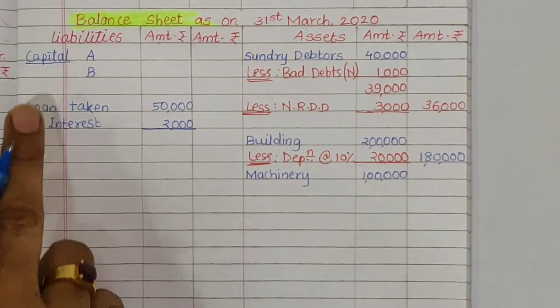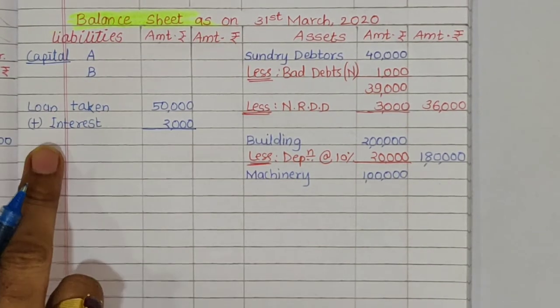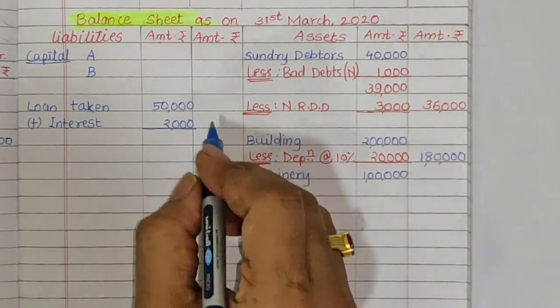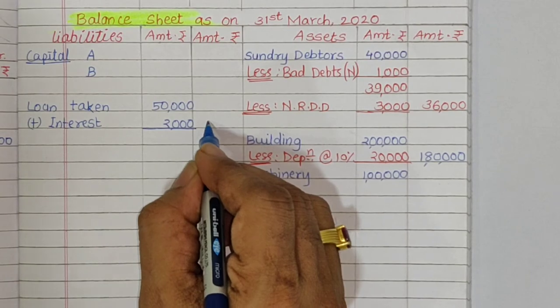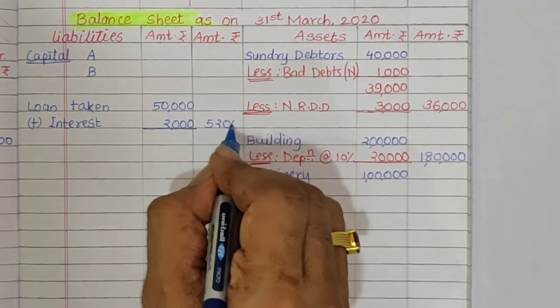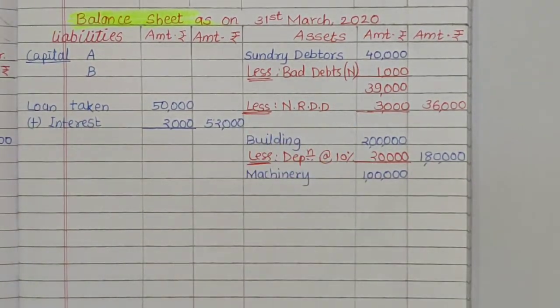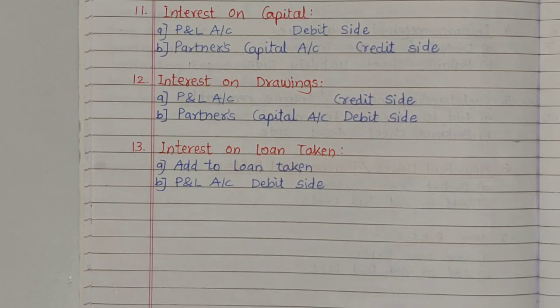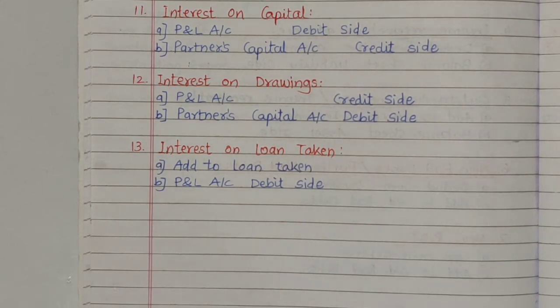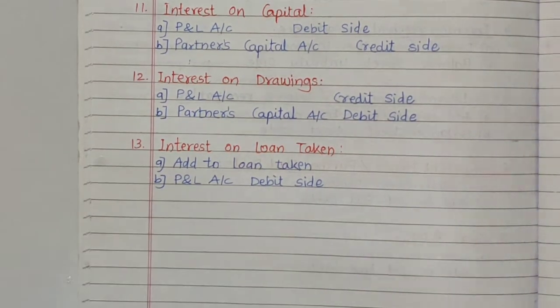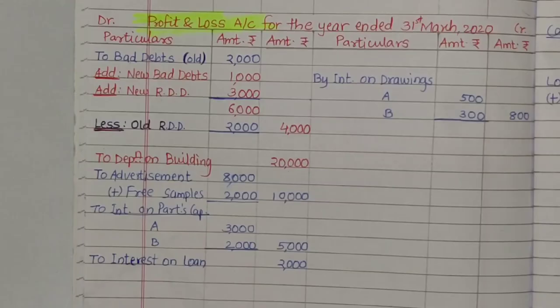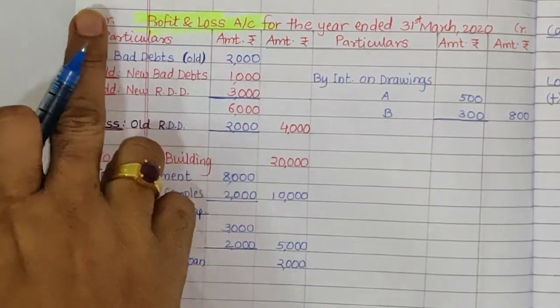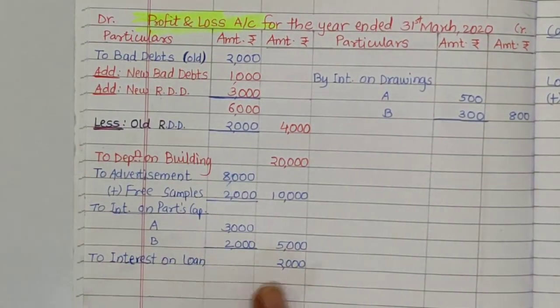Here we added the interest to the loan taken, say for example rupees 2,000. Now the total outstanding amount is 52,000 in this example. As interest paid on the loan taken is expense to the business, it must be recorded to profit and loss account debit side. Profit and loss account debit side to interest on loan taken.